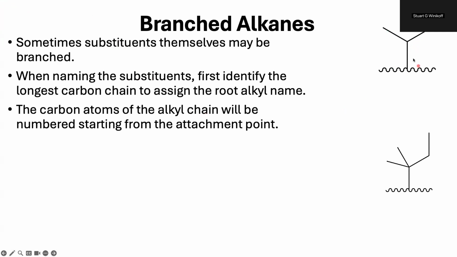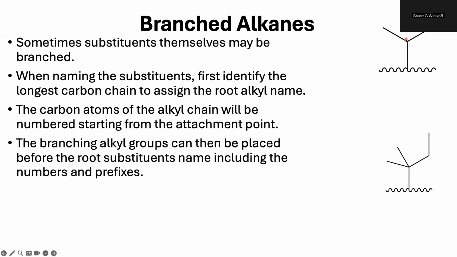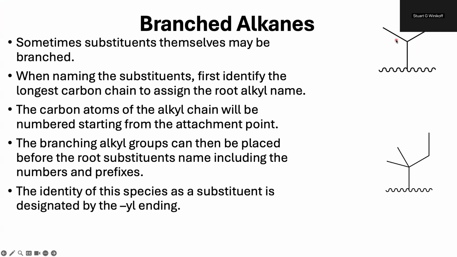Then I refer to each of its substituents based on where it's attached. I have a methyl group at the 1 position. I place the branching alkyl substituents as prefixes to the greater species, using the -yl alkyl ending. So my main chain is an ethyl species, but I also have a 1-methyl substituent. This means I have a 1-methylethyl species, the -yl ending meaning this is my root chain, and I've attached a 1-methyl group to it.